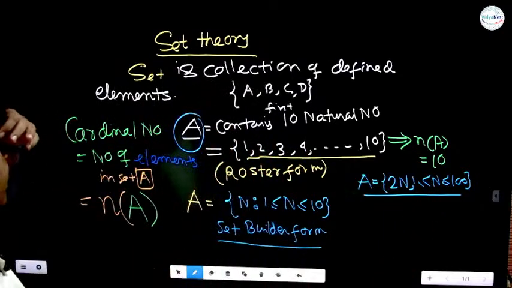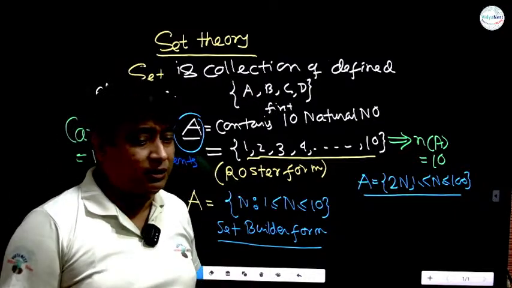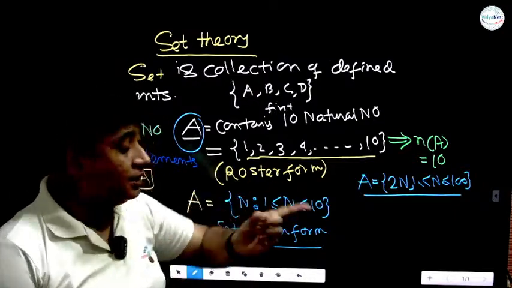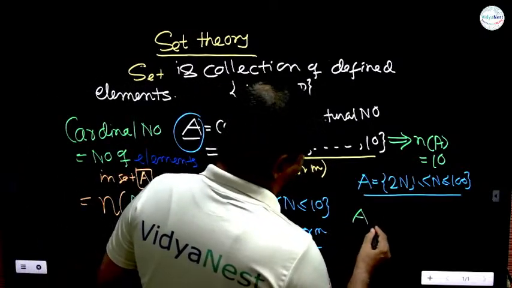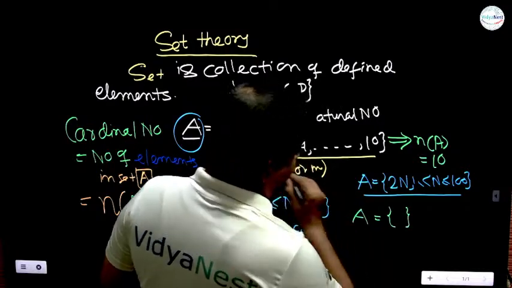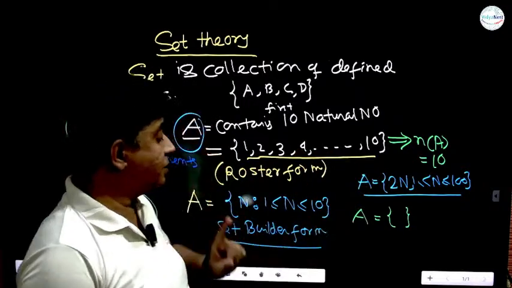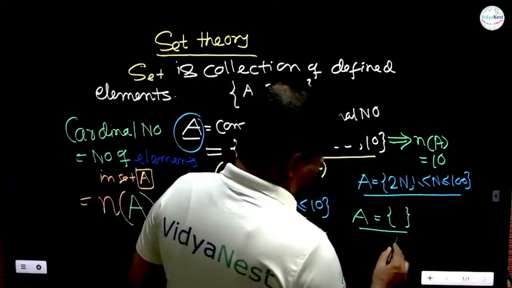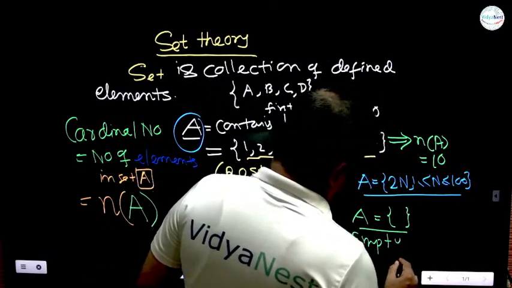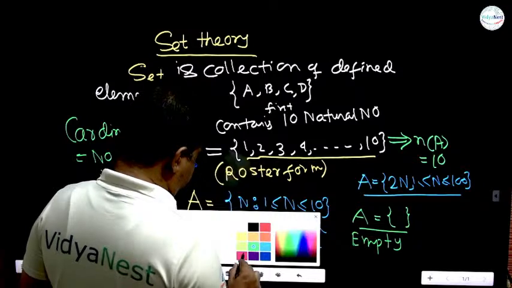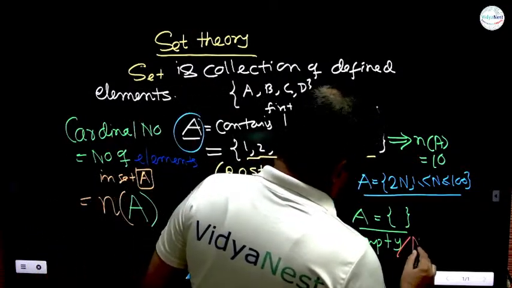Now, suppose there is a room, and there is no element in the room. So that set is called an empty set. If the set is empty, you cannot say zero set. It is called an empty set, or null set.